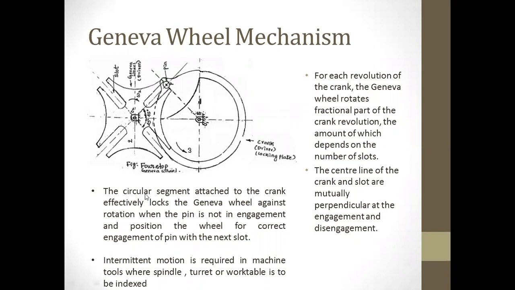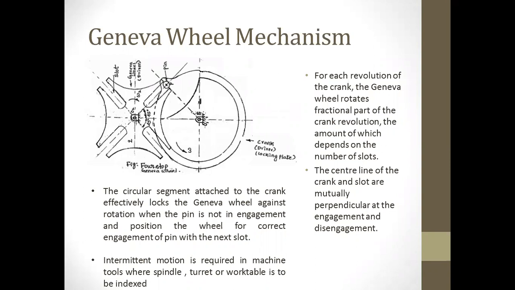The circular segment attached to the crank effectively locks the Geneva wheel against rotation when the pin is not engaged. Whenever the pin disengages, the segmented wheel helps in locking the rotation of the Geneva wheel.